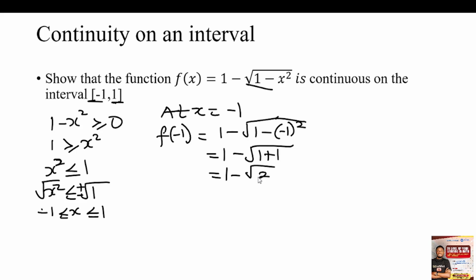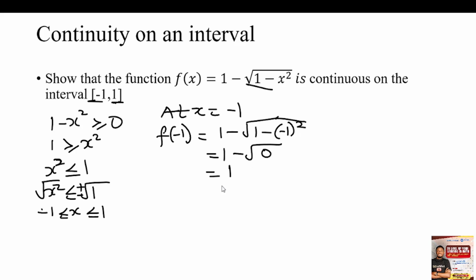Negative 1 squared is positive 1, and 1 minus 1 gives us 0. So in this case, we are going to have our final answer equal to 1, for the square root of 0 is 0.